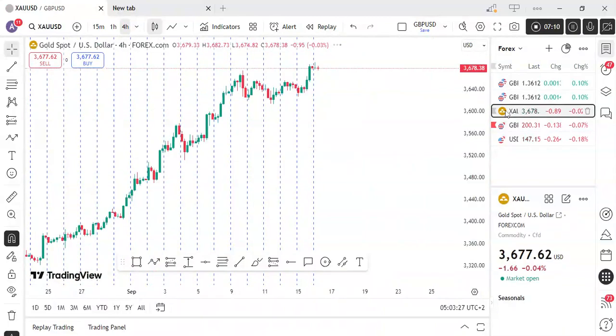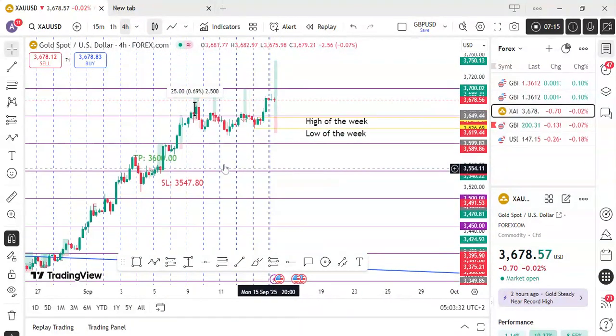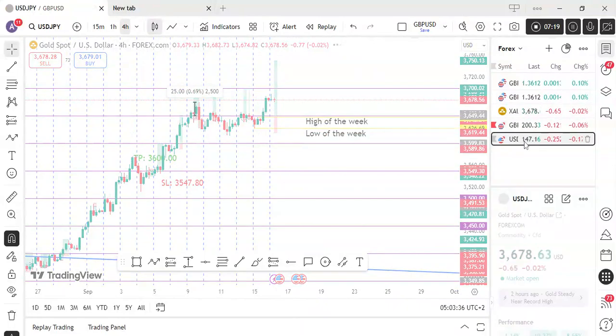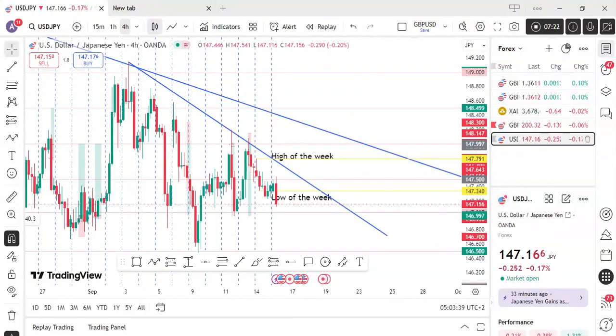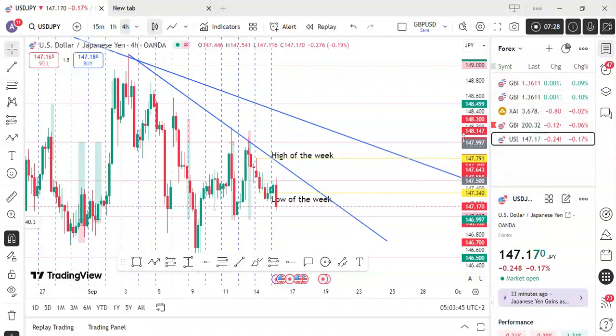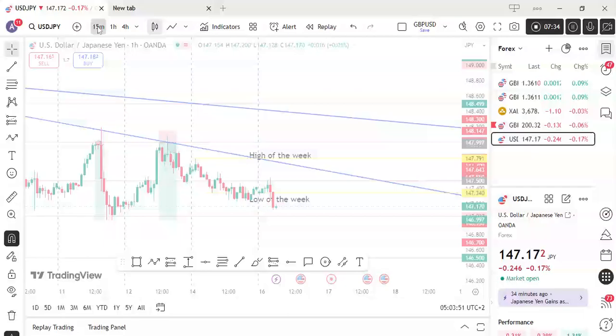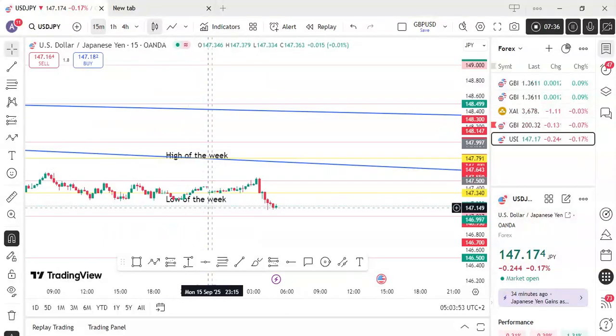But more, I'm going to be paying more attention to gold, because I've already marked out the high and the low of the week. And you can clearly see also on USDJPY, I'm positioning for more of the sell. What happened after marking the low and high of the week is that price eventually broke below.